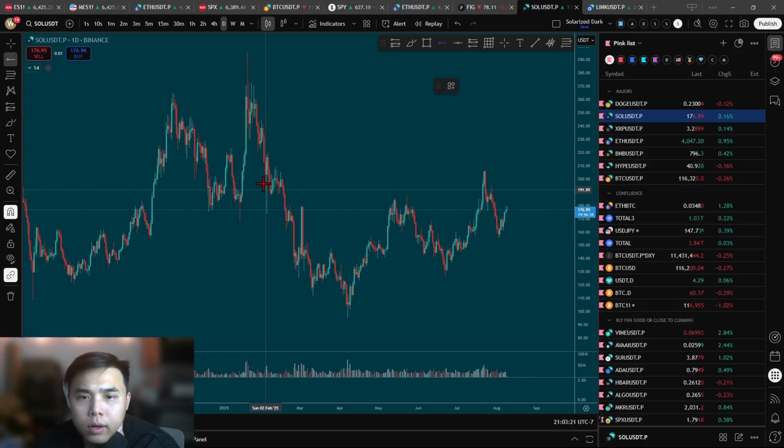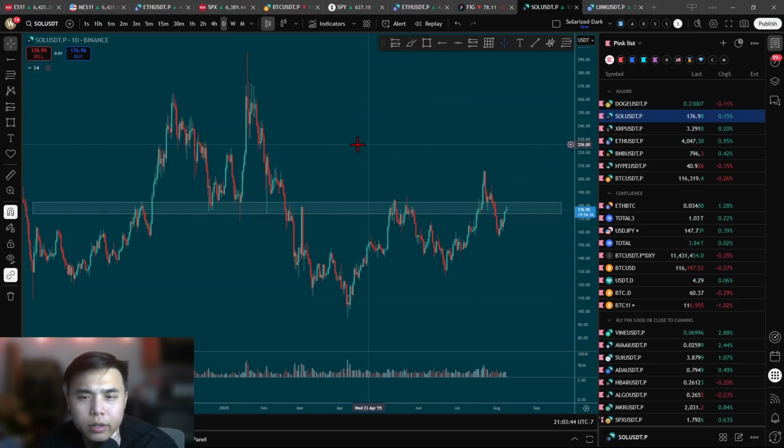We know from Brandon's charts that he had, I think, 169. Either way, if you zoom in, it's still kind of unclear. It's kind of messy, and this area is just very unclear.